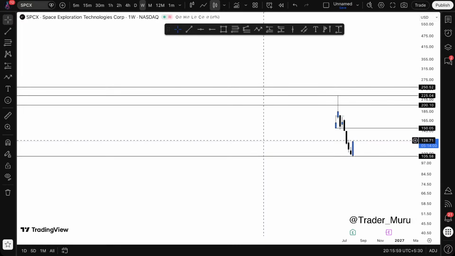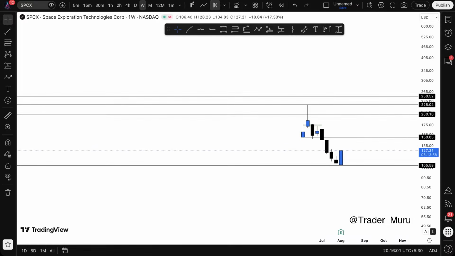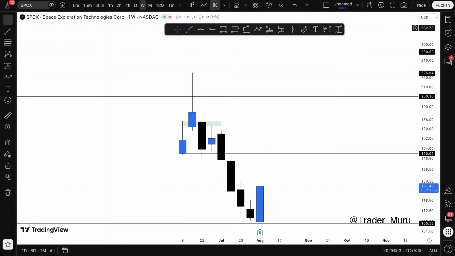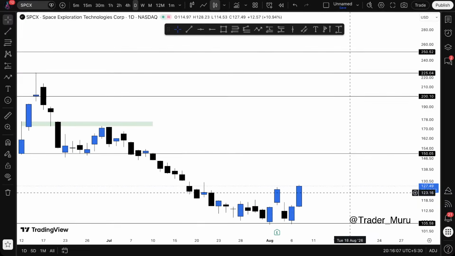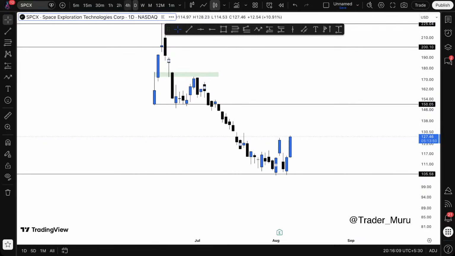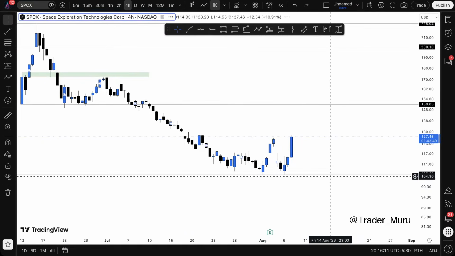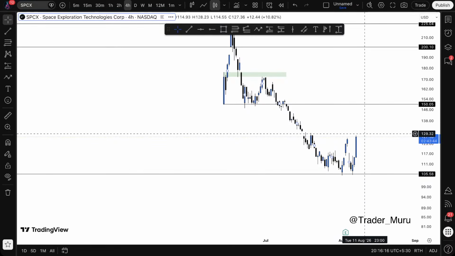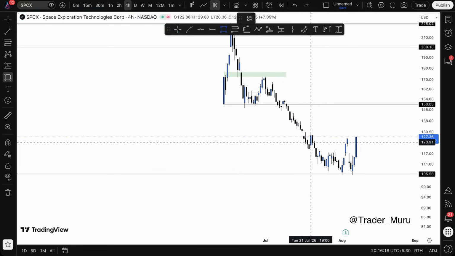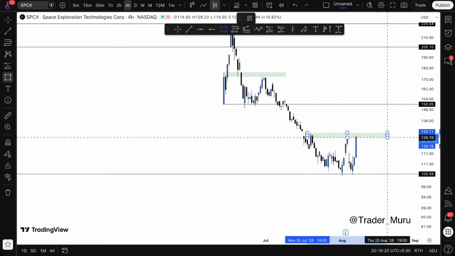If you guys remember, our target was 105 in SpaceX. It is already hit and price is bouncing from there. So now SpaceX will be bullish, okay, the bullish target is already done.